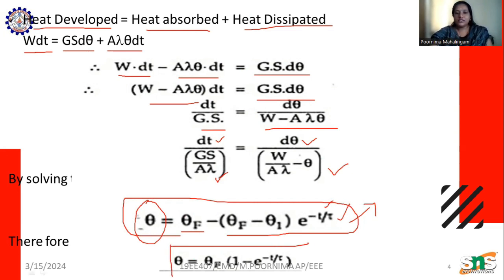The final temperature theta is equal to theta F into 1 minus e to the power minus t divided by tau. That is, theta equals theta F into 1 minus e power minus t by tau.